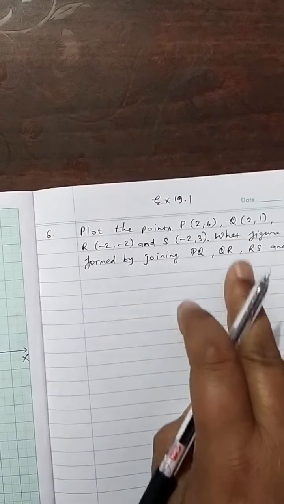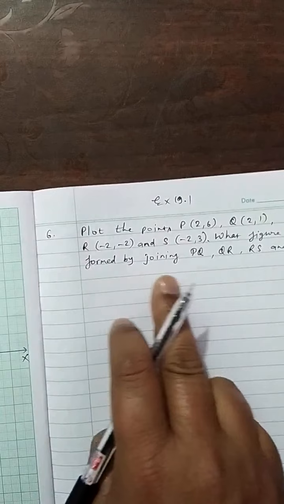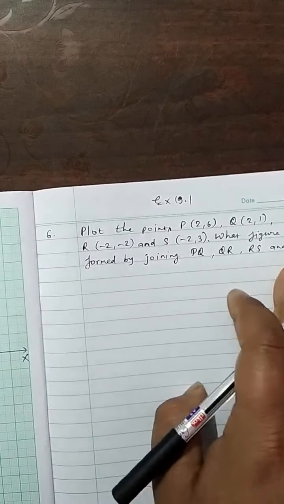Now the question is asking what figure is formed by joining PQ, QR, RS and SP.